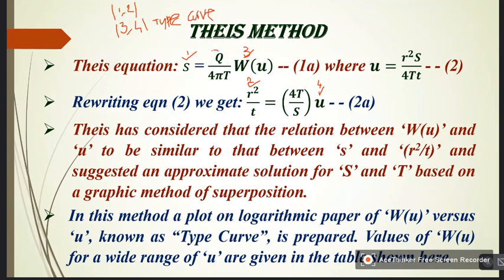We anyhow know the value of Q. So what are the unknowns here? This is one unknown and this is one unknown. So you have to calculate two parameters and you have two equations. Hence you can calculate.